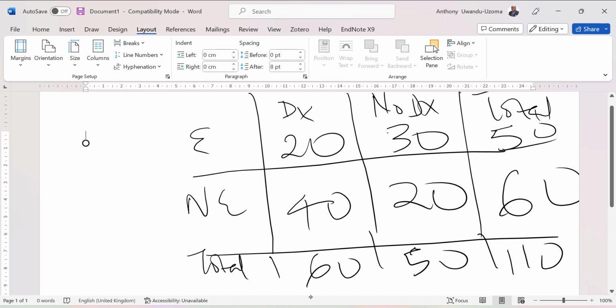As simple as possible, without cramming. So odds, what does odds mean? Odds means the probability that something will happen divided by the probability that it will not happen.